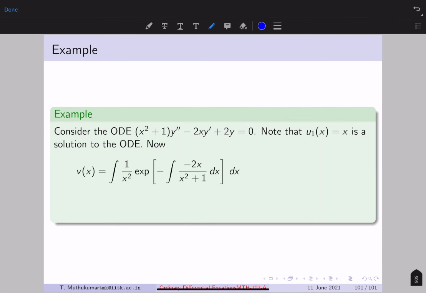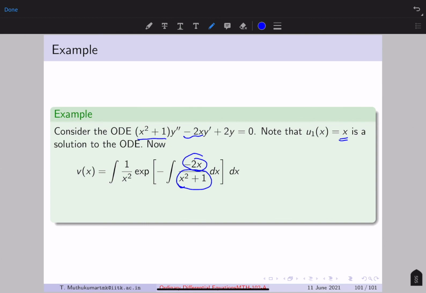For v there is a formula which we used: exponential of minus integral of a1 by a2, times 1 by u1 square. Here u1 square is x square.